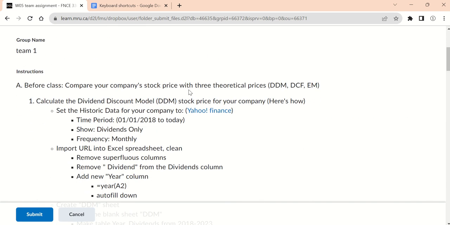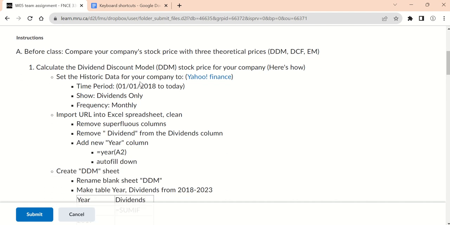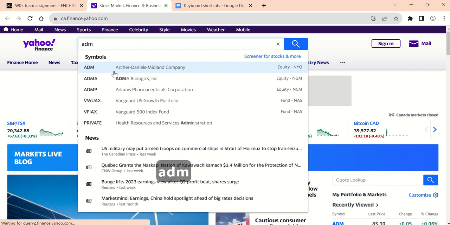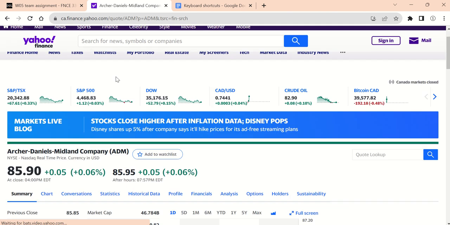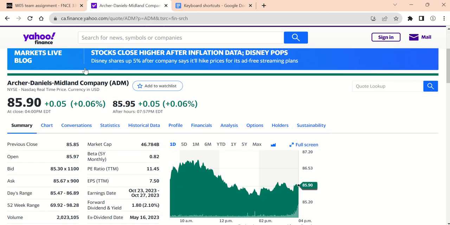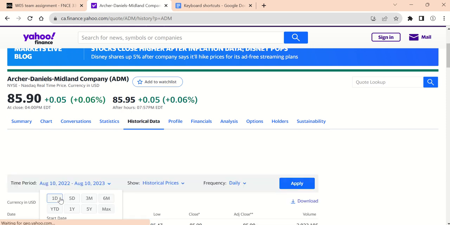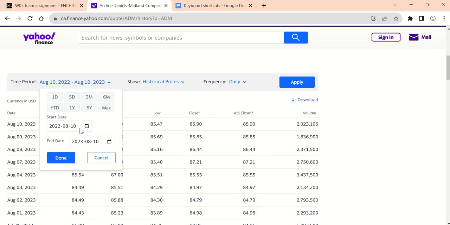And so starting with the dividend discount model, we're going to first go to Yahoo Finance and find your company. Just put the code in. Mine is DDM. And then we're going to go to historical data, and we're going to set the time period from 5 years ago.